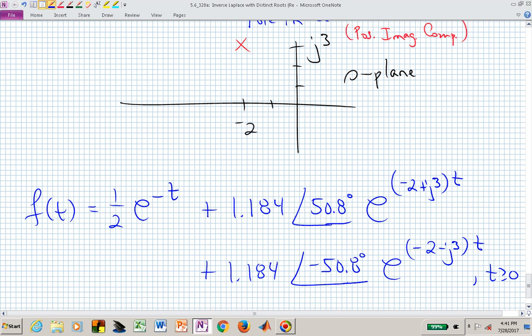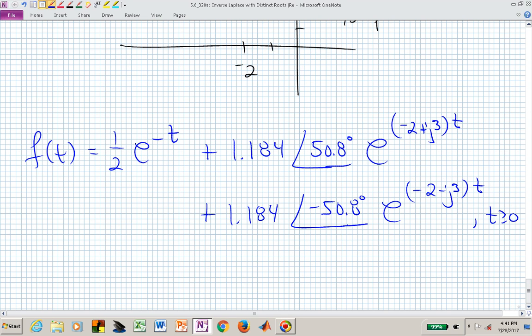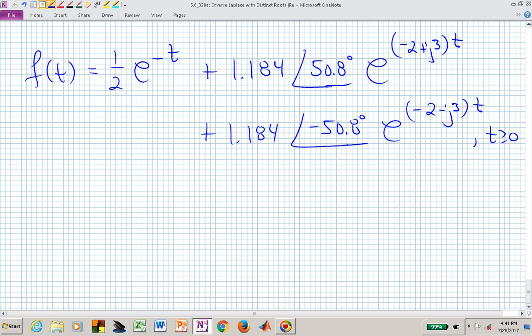On an exam, I'm not going to be satisfied with you writing the final answer involving complex exponents and phasors with angles. So I want you to put this into something that looks more real or believable. So let's rewrite these phasors in terms of complex exponentials.